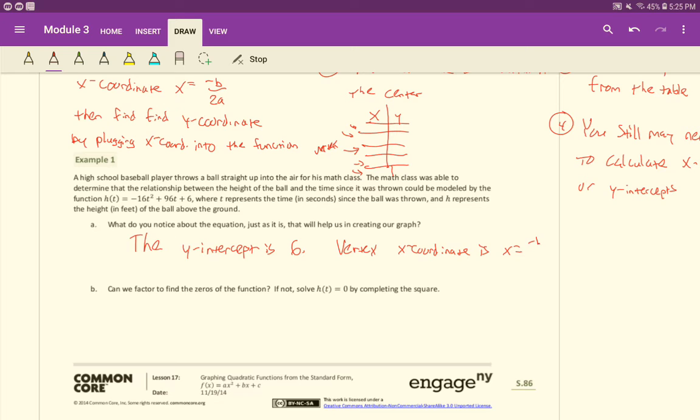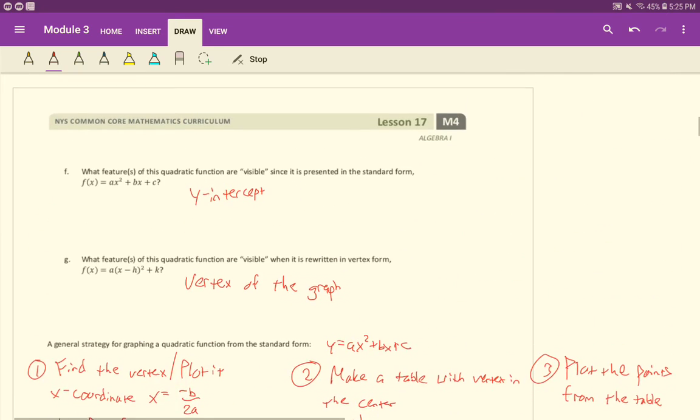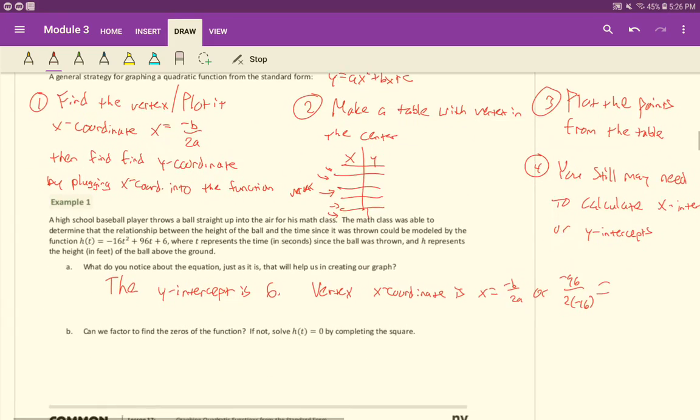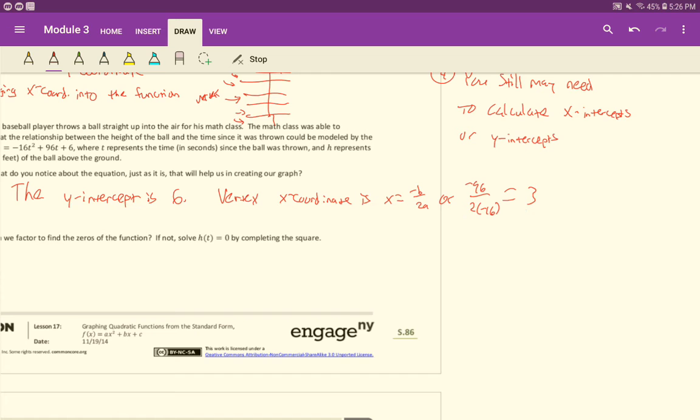It is x equals negative b over 2a, where in this case, that's going to be negative 96 over 2 times negative 16. Like so, okay? Which again, we know simplifies to, what did we say it was up here? 3. Oh, my goodness, I didn't remember that. Okay.